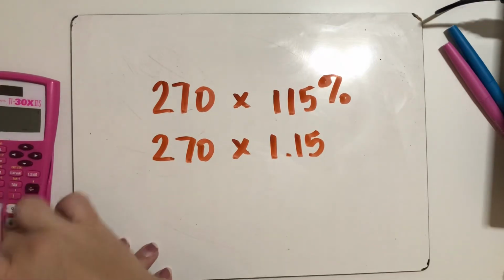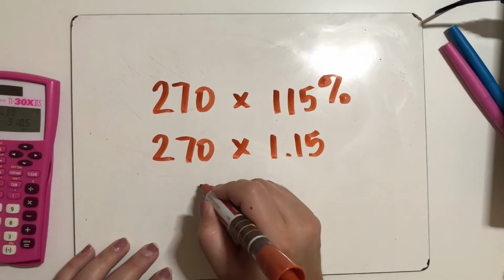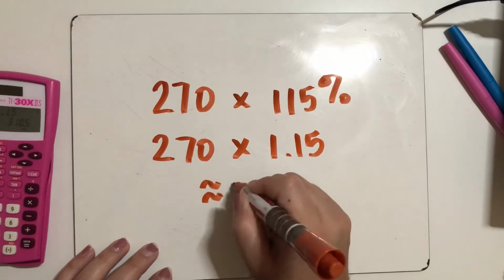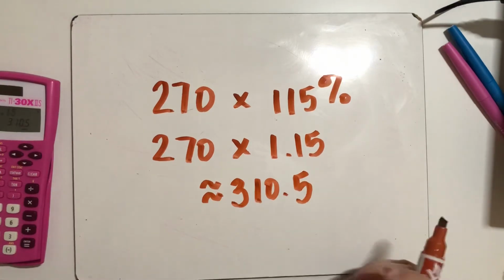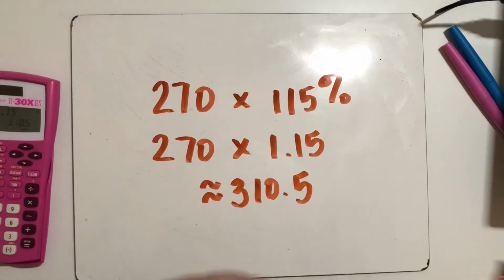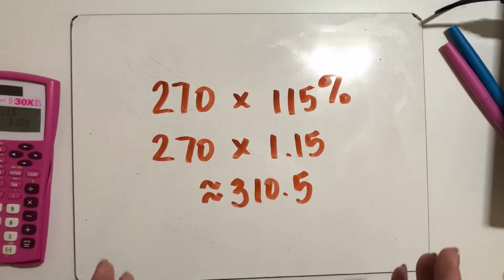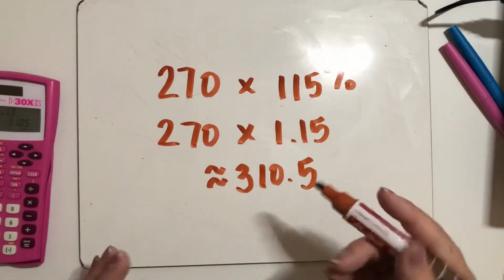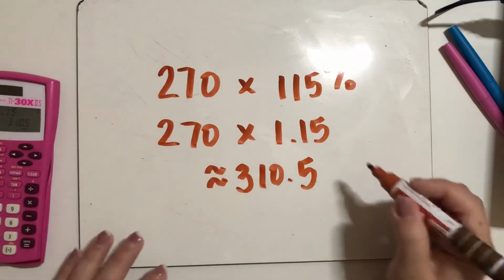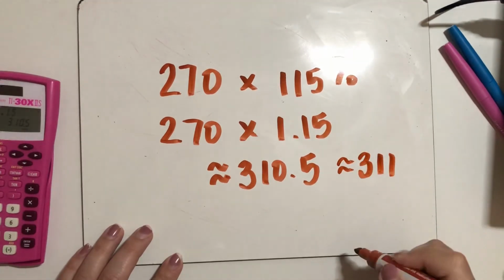When I multiply 270 times 1.15, it's going to give me about 310.5 grizzlies. We're dealing with an object that is not really calculated as a fraction. We can't have half a grizzly just hanging around somewhere. So I'm going to round it to its nearest whole, which is going to be about 311.